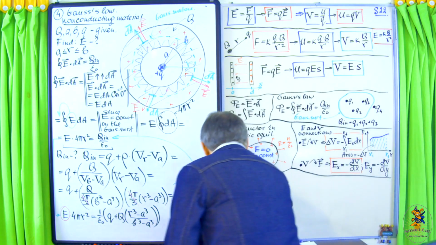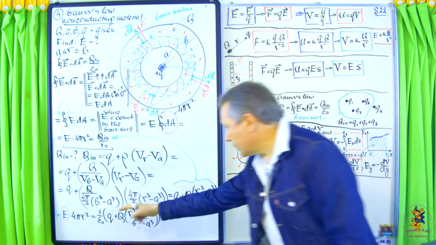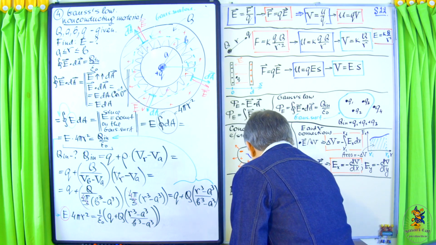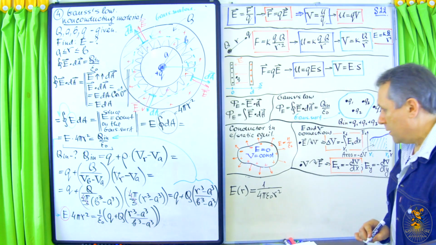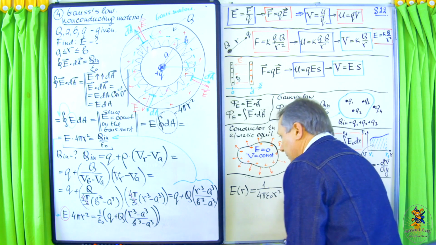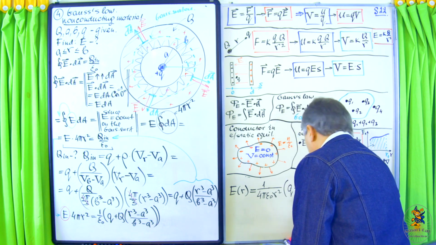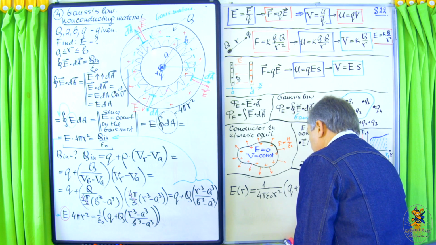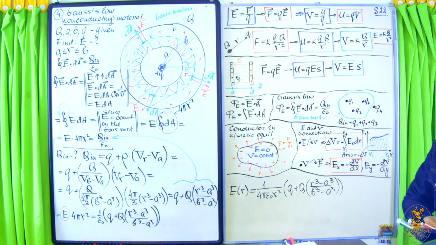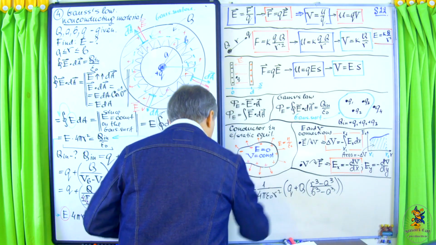So E as a function of r equals 1 over 4 pi epsilon naught r squared, and that expression, Q small plus Q capital times r to the power of 3 minus a to the power of 3, divided by b to the power of 3 minus a to the power of 3. So that's the answer.